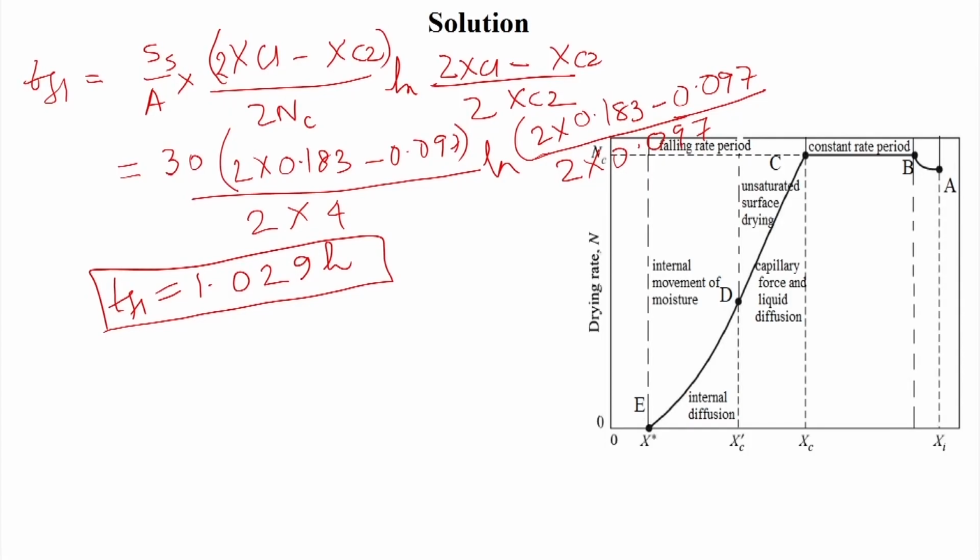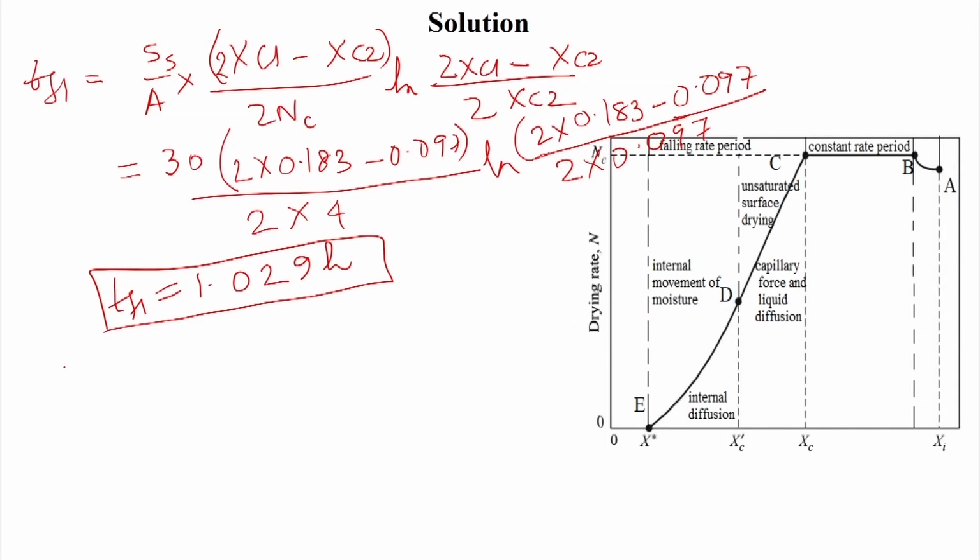Okay. Now, we need to calculate the second falling rate period time. For that we need the expression, but in this case the initial condition will be the final condition of the first falling rate period. So, it will start from XC2.